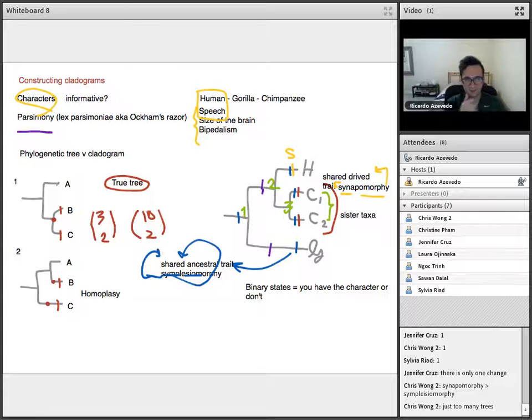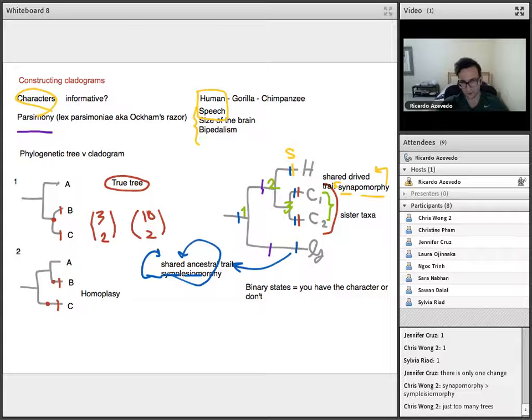Now, one might say, why not create all the possible trees and match it with the characters that we have to get the true tree? Why have these principles that are heuristics, ways of doing things that don't give you the exact answer, but give us a very probable answer?